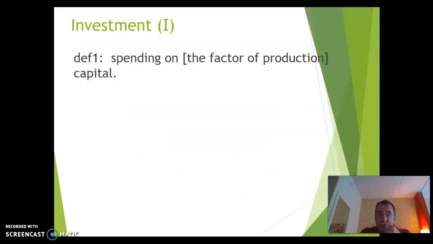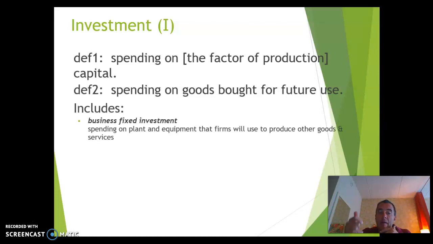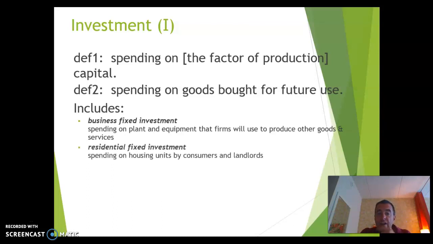Now, business investment. Well, what do businesses spend money on? They spend money on capital, which is machines used to produce goods and services. They spend on goods bought for future use as well. So this includes investment in plants, equipment, that's the machinery. They also spend and calculate business investment as houses.